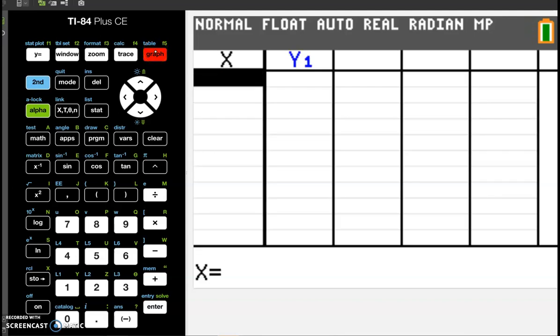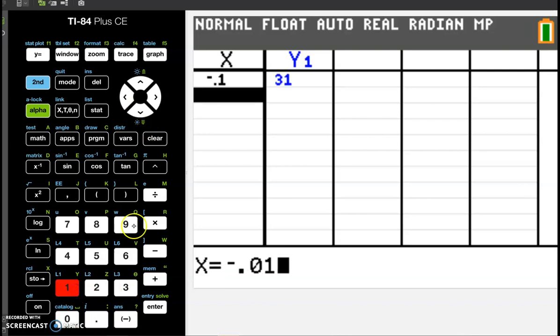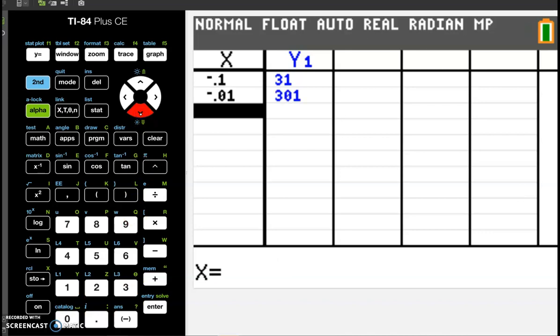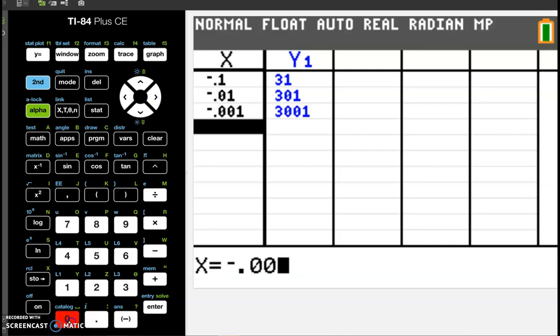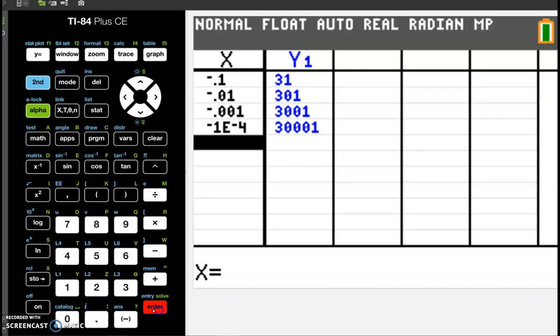And now it gives me the freedom to just punch in values like negative 0.1, negative 0.01, negative 0.001, and we'll do one more, negative 0.0001. And you can see those values.